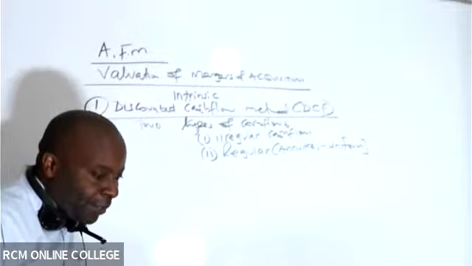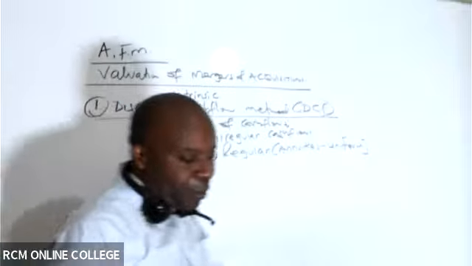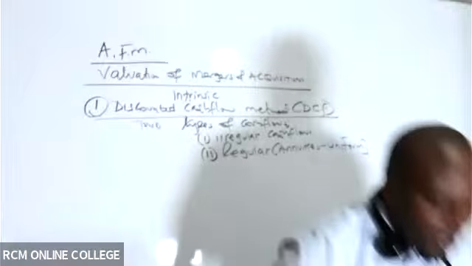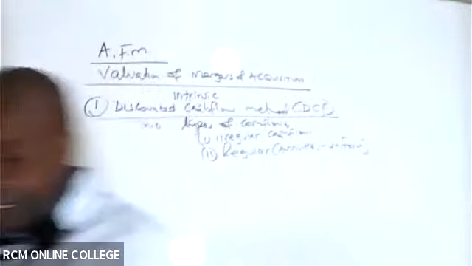Could you kindly remind Mwalimu which criteria we normally use to discount irregular cash flows? Is there somebody who is able to remind us?